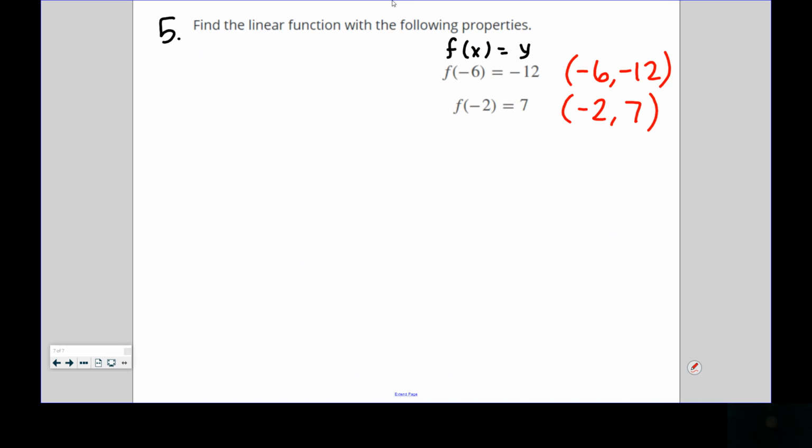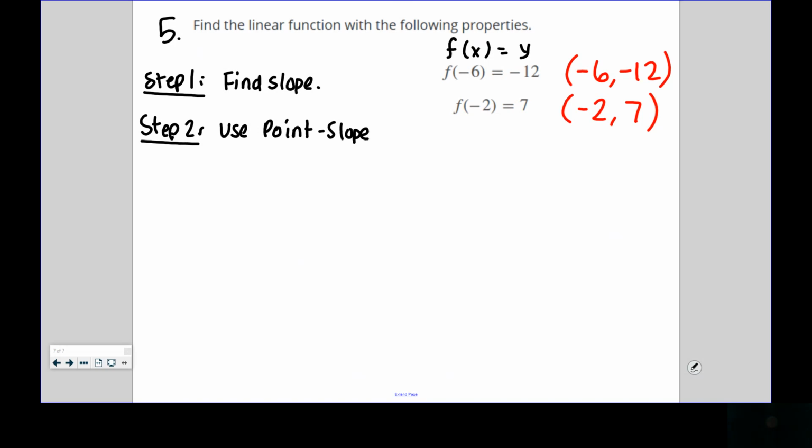From here, we have 2 steps. Step one is find slope. Step 2 is use point slope form to find the function.